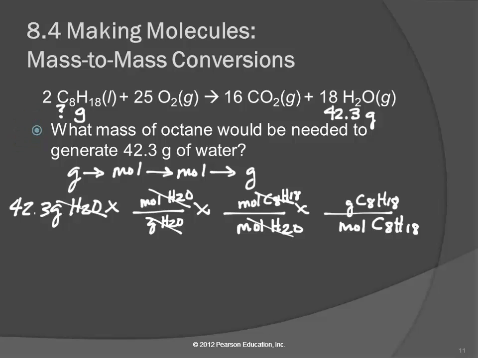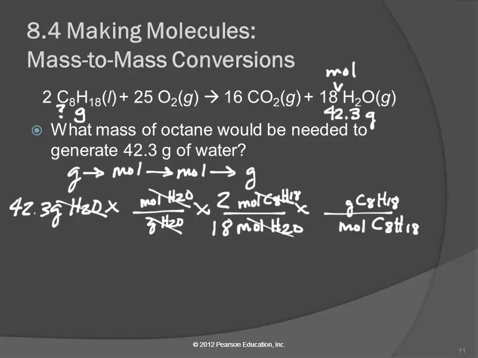So then, down here in front of C8H18, I put the number 2. And in front of H2O is the number 18. That's a really big number. It's okay. There are some big numbers in chemistry. 18. Okay, because when we look at this equation, we can kind of imagine that it's 18 molecules of water, or it's 18 moles of water.